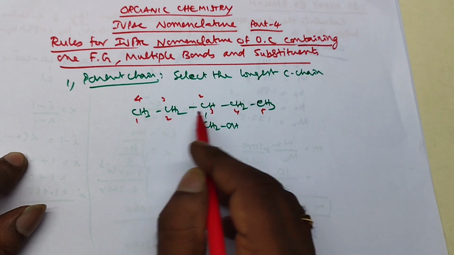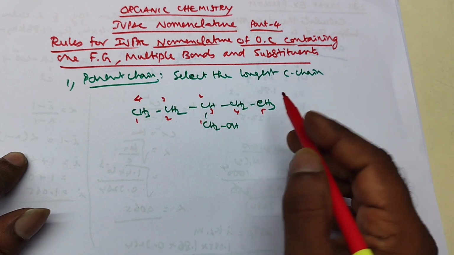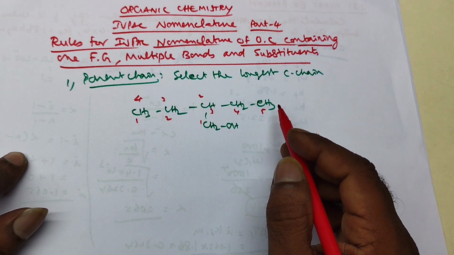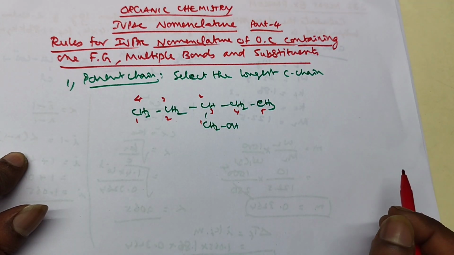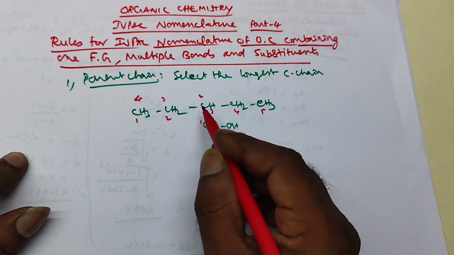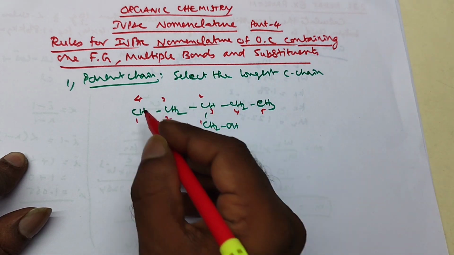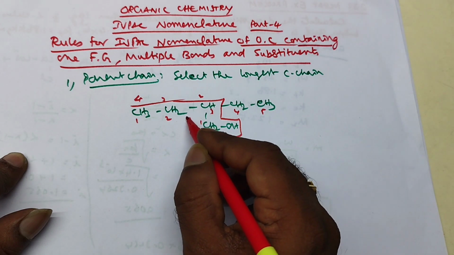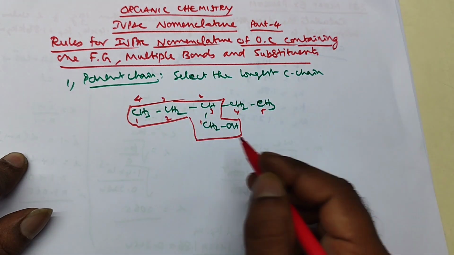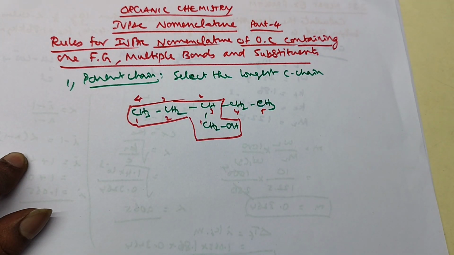Or suppose you select this as a parent chain, it does not cover the functional group. So in this rule we have to give preference to functional groups. So 1, 2, 3, 4 is the correct way: selecting the longest carbon chain covering the functional group. That is very, very important.